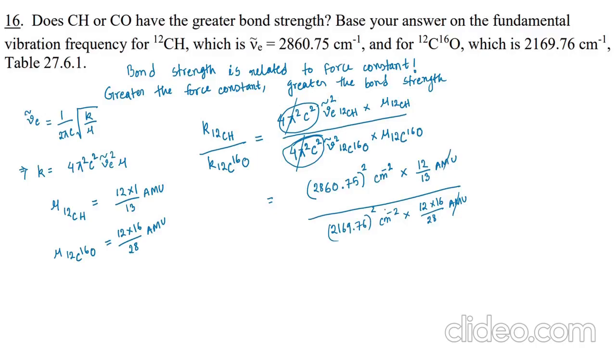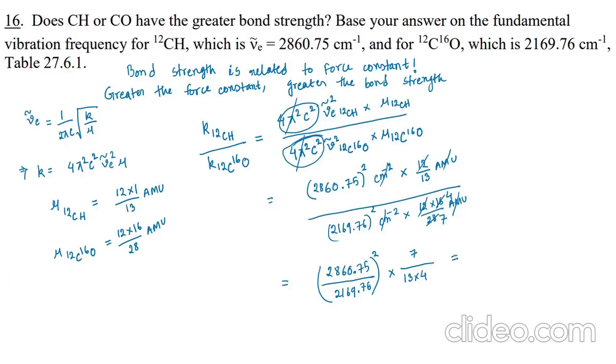So let me cancel the units. 12 also cut. So I am left with 2860.75 by 2169.76 square into 28 divided by 13 into 16. So I will cut it further, 4 into 7. So this is actually 7 and this is 4.